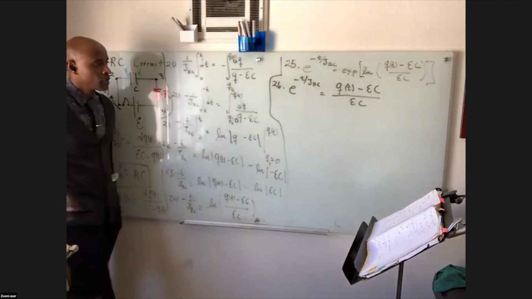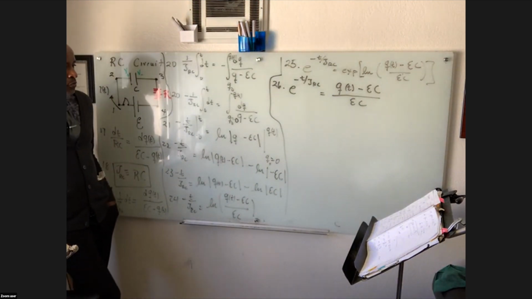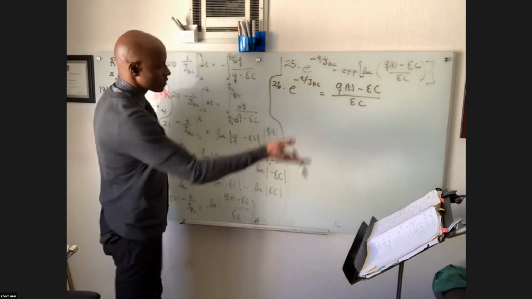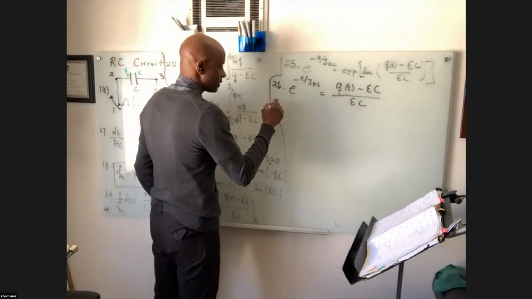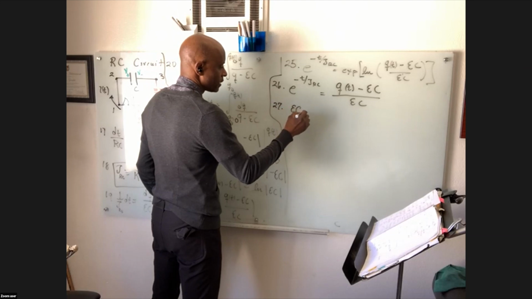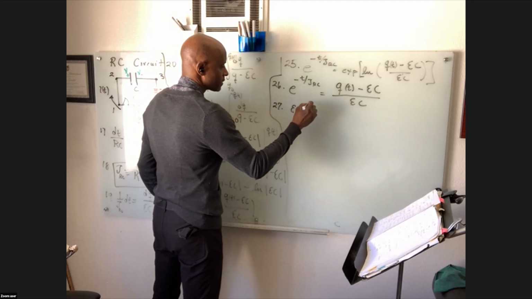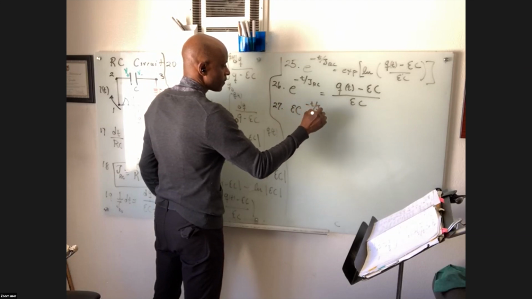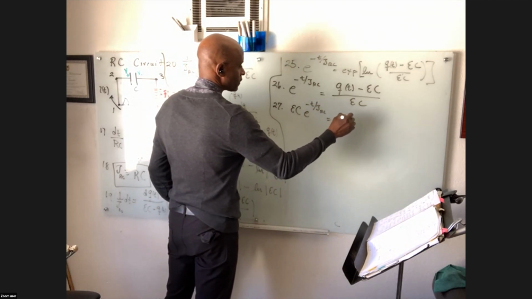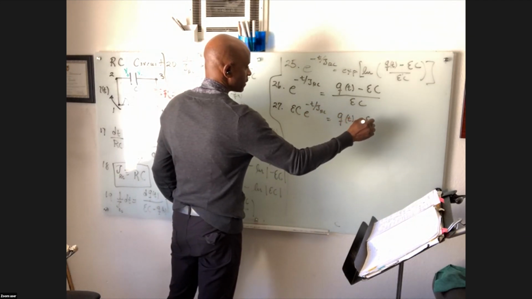Okay. So we're on the home stretch. Now it's just algebra. I can solve this for Q of t. If I solve it for Q of t, I'm going to first multiply through by EC. So I will have EC e to the minus t over tau RC equals Q of t minus EC.